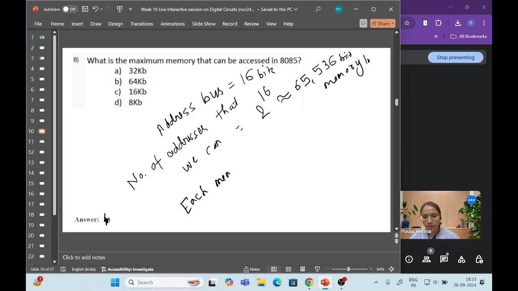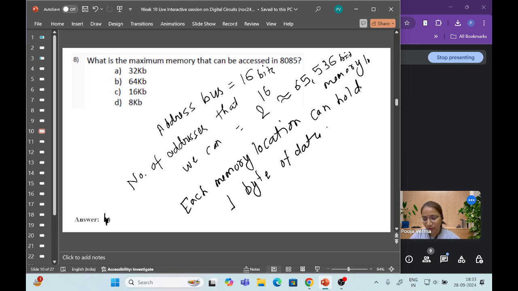Each memory location can hold 1 byte of data.